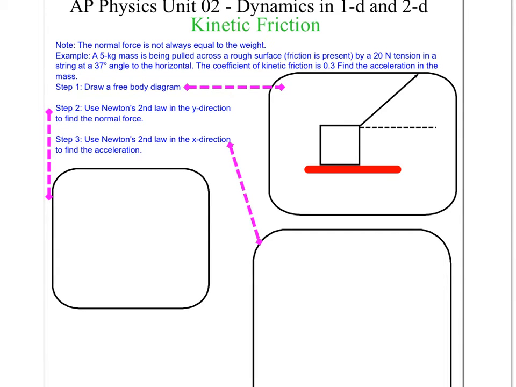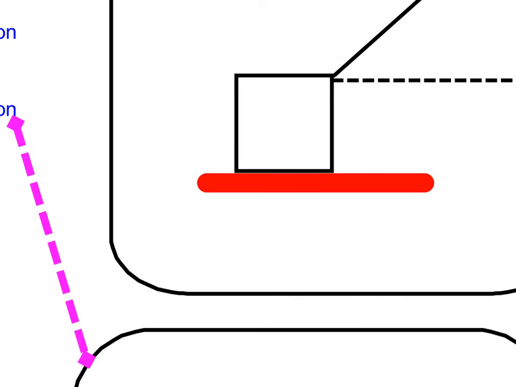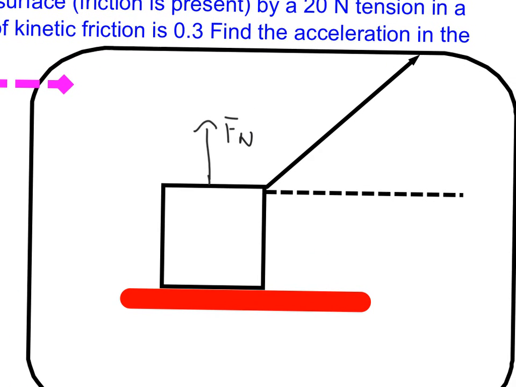So again, free body diagram we're going to start with, as always. Free body diagram on this mass, we've got a normal force pointing upward. Sorry, that's not connected quite right. This arrow is representing our string, so that is our tension. And remember, for our free body diagrams, we don't want to break it into its pieces yet.